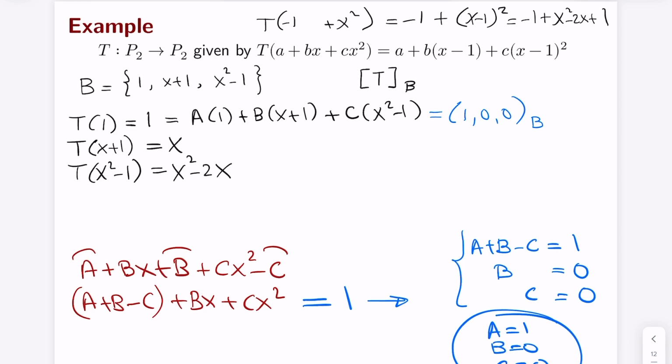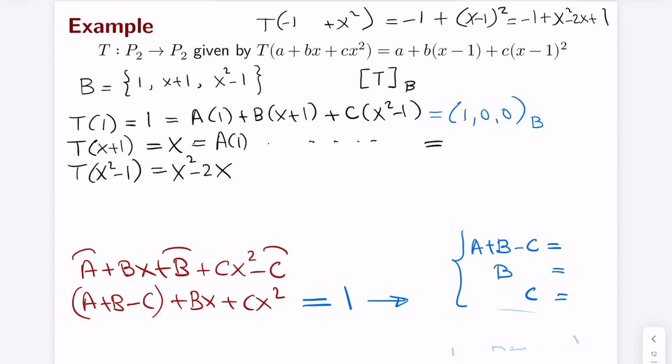Well, in the same way, we find the coefficients for each of the other polynomials. So we need to multiply a by something plus b, etc. We do the same thing. The system that we are going to obtain is going to be the same. But now we want this to be equal to this polynomial, that is x.